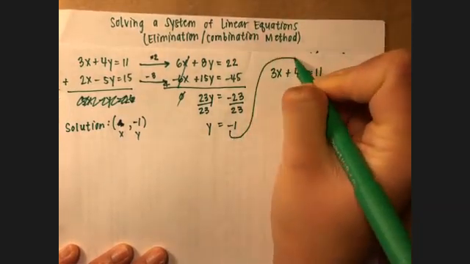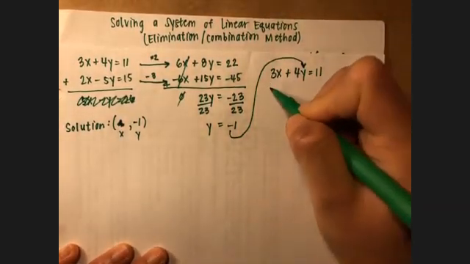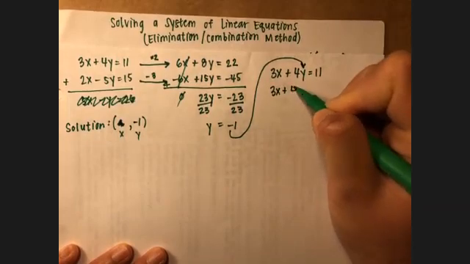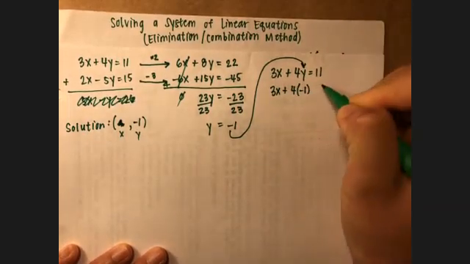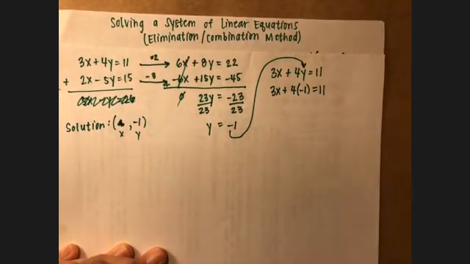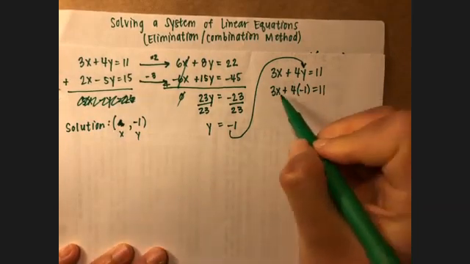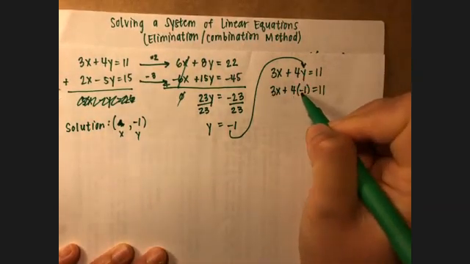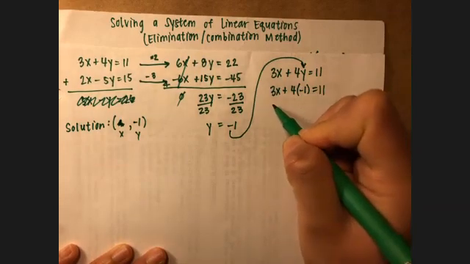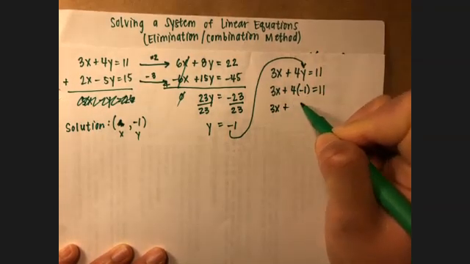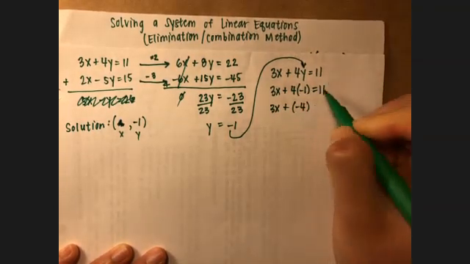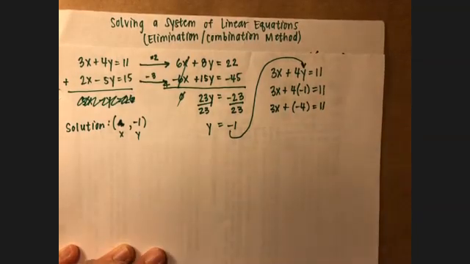The -1 goes into the y. So we have 3x plus 4 times -1 equals 11. Now I just have an x, so I can solve for x. 4 times -1 is -4, so we have 3x plus -4 equals 11.